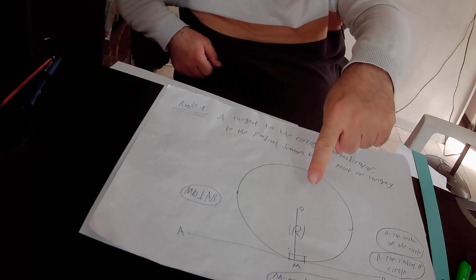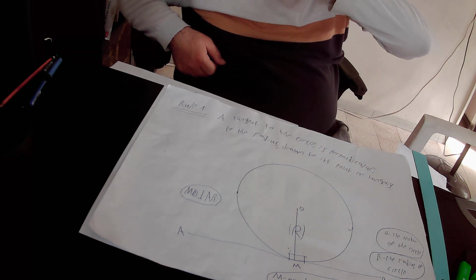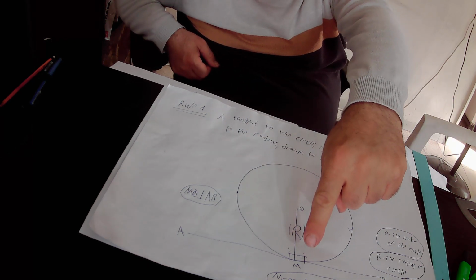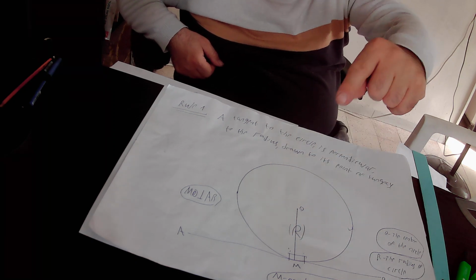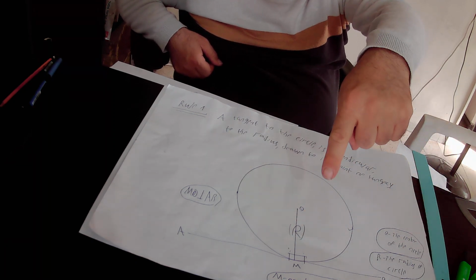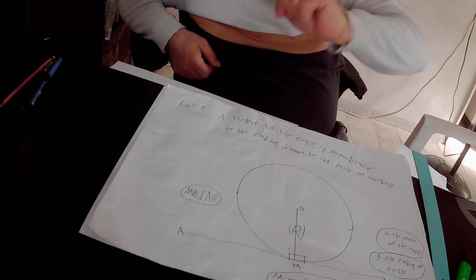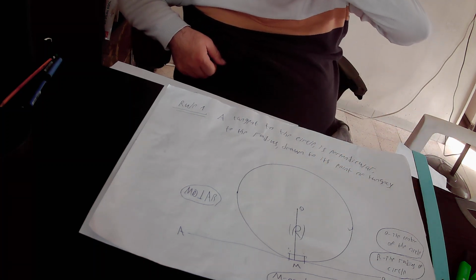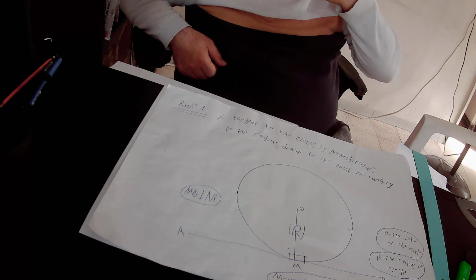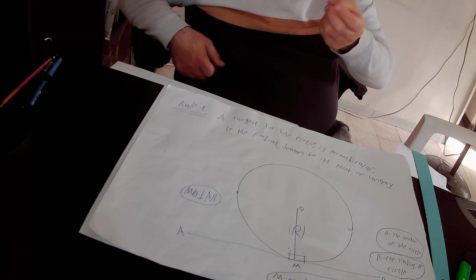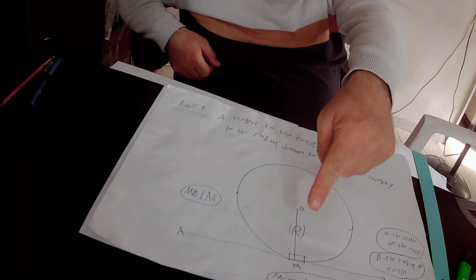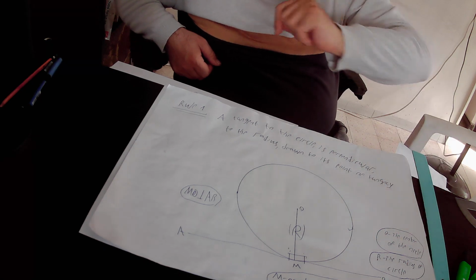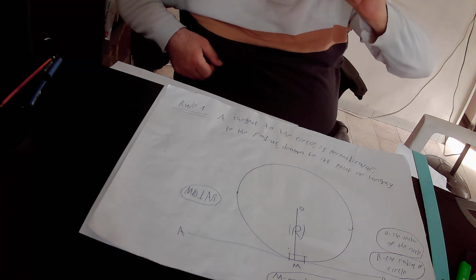Here, this is the radius OM, that is equal to R. Here, line segment AB is perpendicular to the radius MO, that is R. Therefore, according to rule 1, any line segment that is perpendicular to the radius of the circle is defined as a tangent. Therefore, AB is a tangent to this circle at point M.